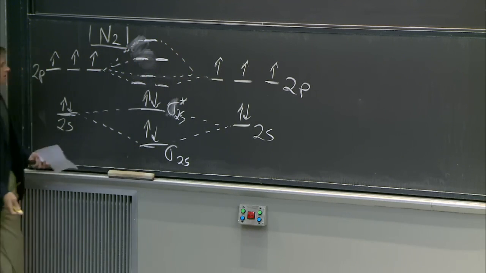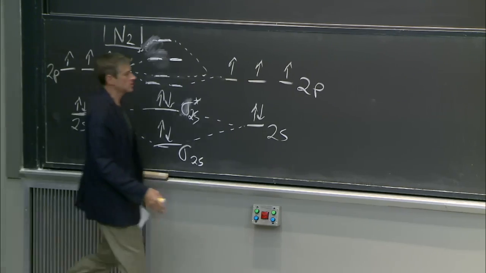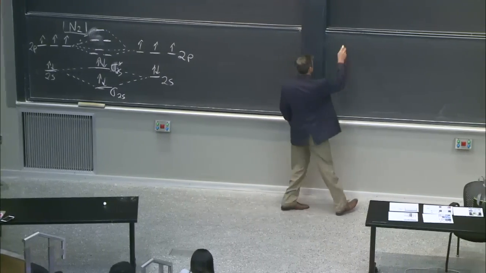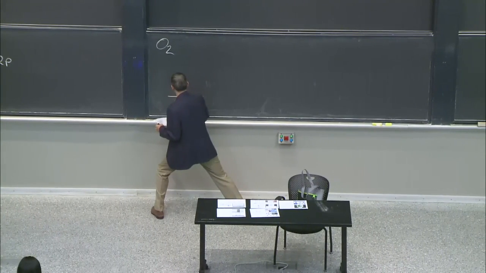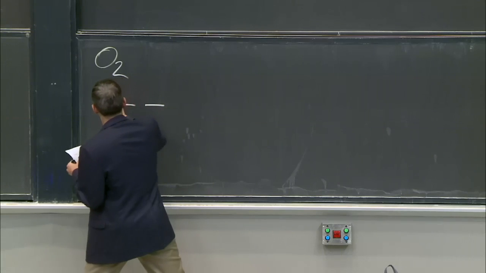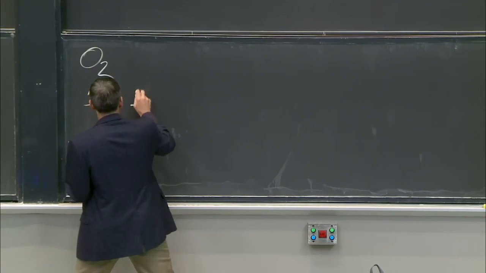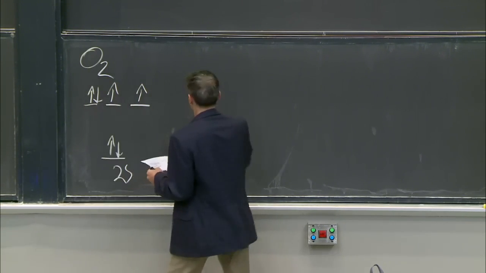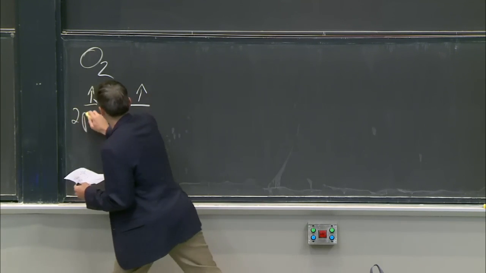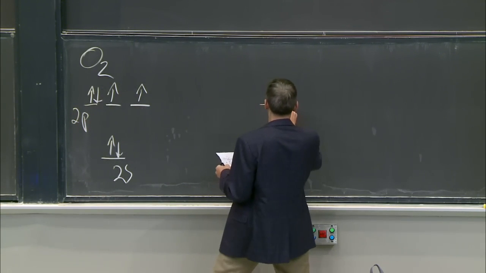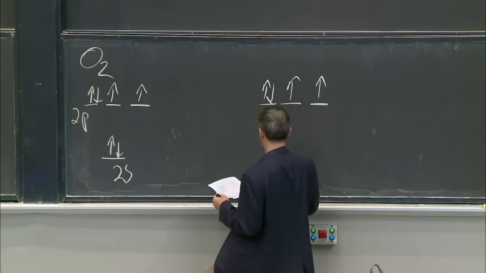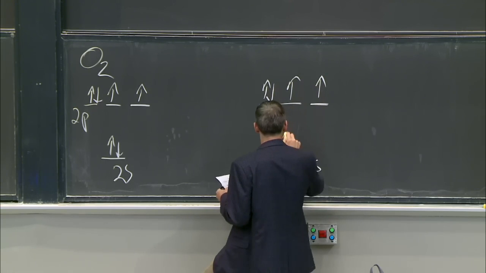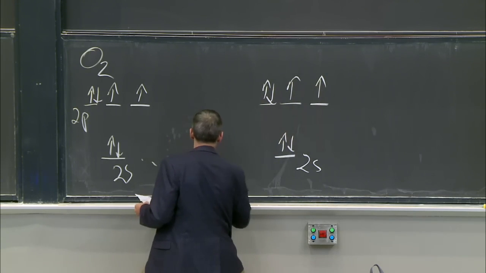And this is the weird thing about nitrogen, because if we go to oxygen, then you've got your 2s in oxygen, and in oxygen, you've got your 6 valence electrons in the 2p. And over here, you've also got the same, and you've also got the 2s.